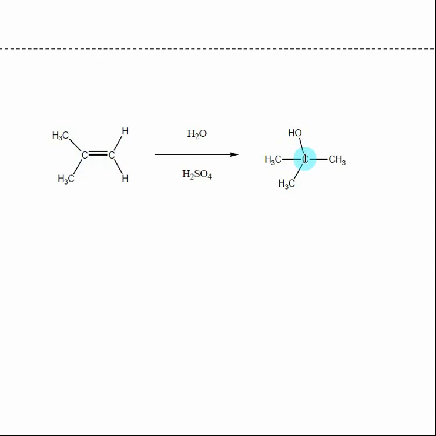And so the OH is going to go on that. So remember, water loses a hydrogen to become OH, and then the hydrogen goes on the less substituted carbon. So here, this carbon is this carbon over here. It started with 2 hydrogens. It's added a hydrogen to become CH3. So we break the double bond, we form 2 single bonds. What goes on those single bonds is a hydrogen and an OH, and that gives me my product in this case.